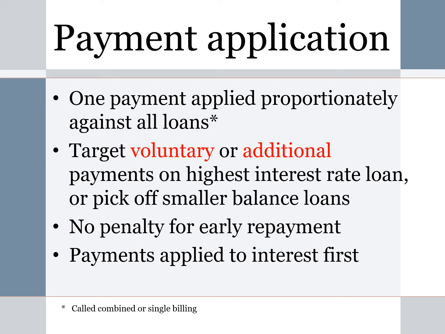But the important thing to remember is you don't really have control over that first payment. But if you make a voluntary payment or an additional payment, you get to post it on the loan that you want to. And there's never a penalty for early repayment. Please note the last item there. All payments are applied to outstanding interest first. Your principal balance will not come down until all of your outstanding interest is covered.